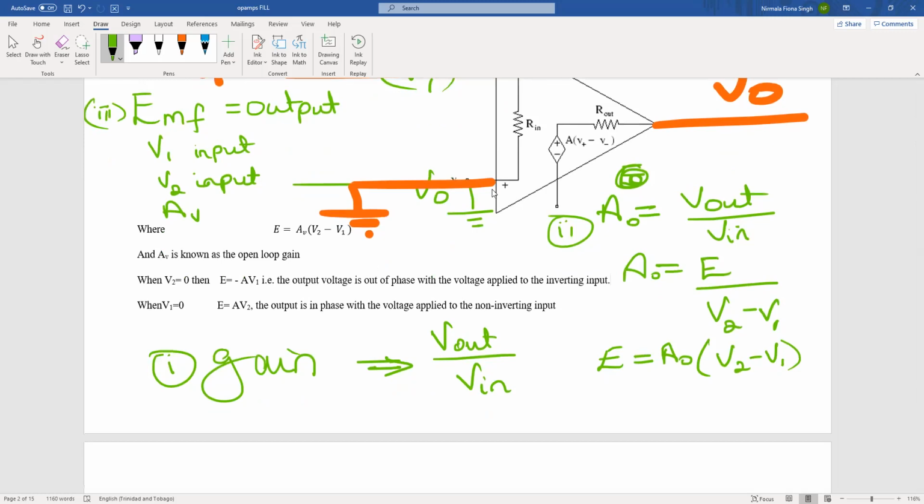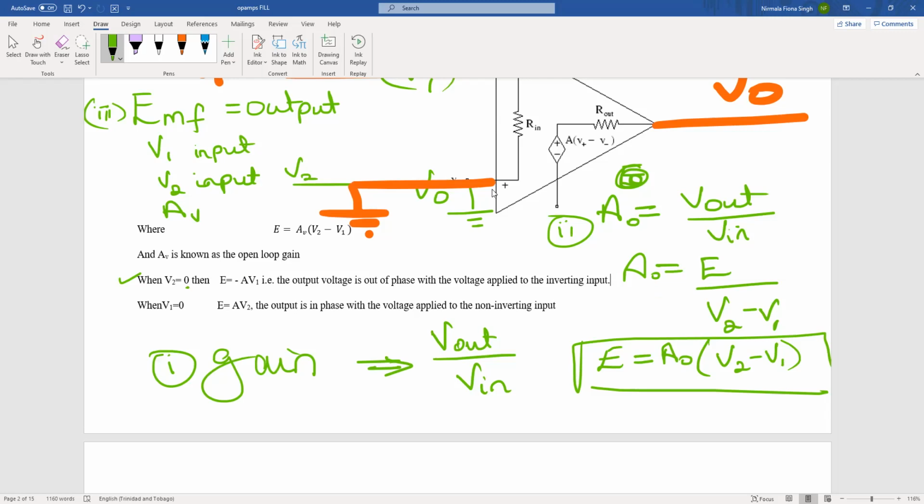So this equation can take two forms. Let's see what the two forms are. When V2 is equal to 0, so when we ground V2, then E, which is your output voltage, is equal to minus A naught V1.